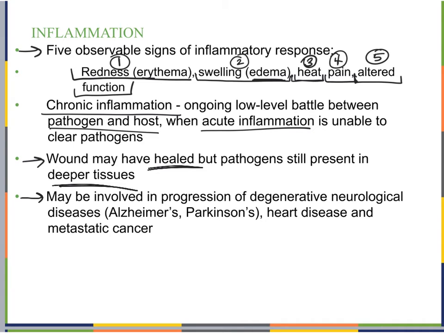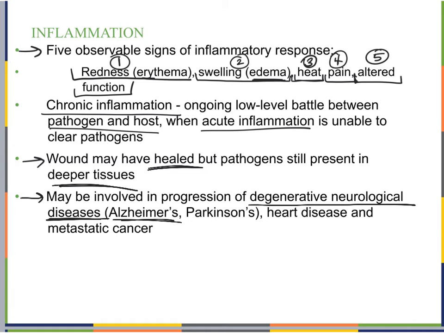This has been associated with or involved in the progression of degenerative neurological diseases. So things like Alzheimer's, they think, is related to inflammation. So increased inflammation, meaning increased stress. So remember, if our cells are stressed, meaning our bodies, our brains are causing us to be stressed, this can cause inflammation, a low level or chronic inflammation in the body.